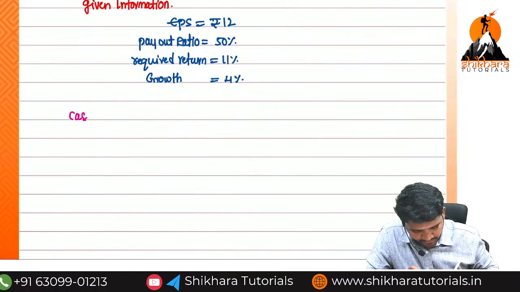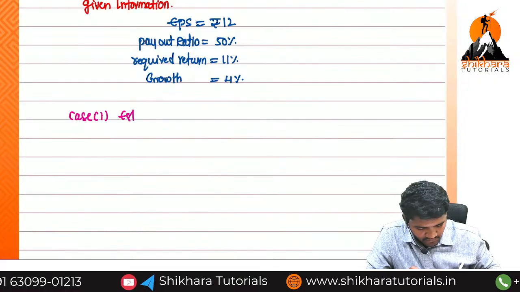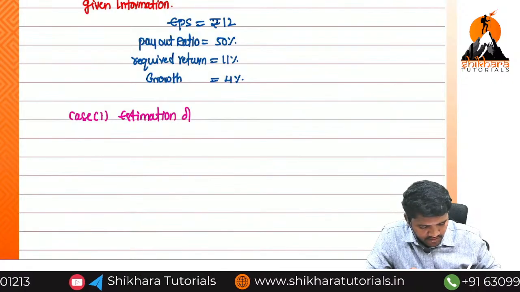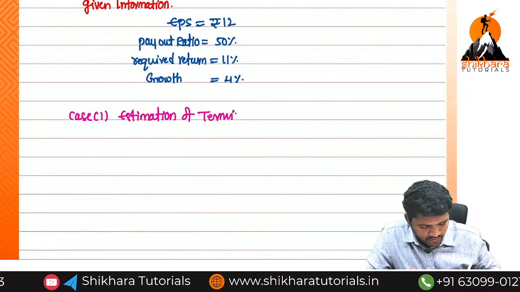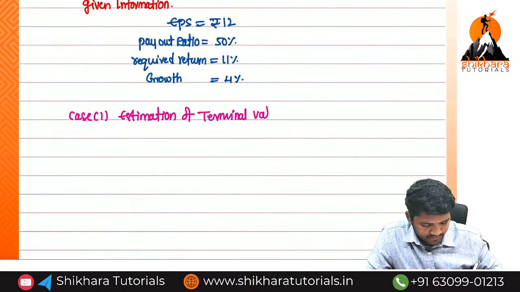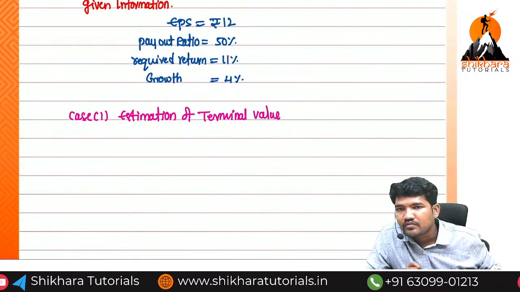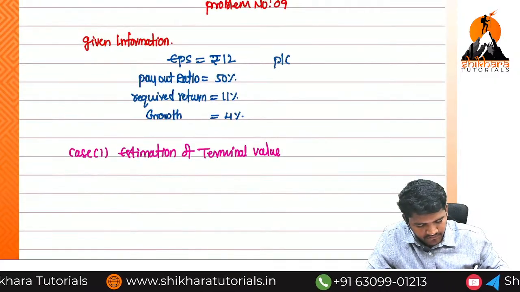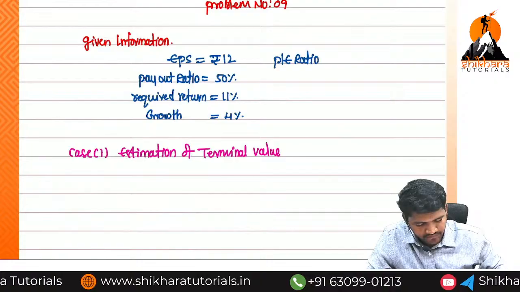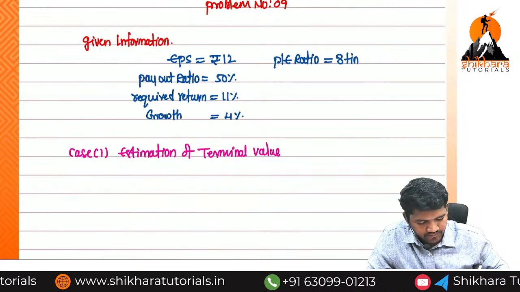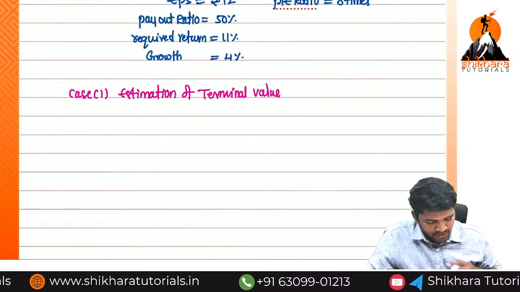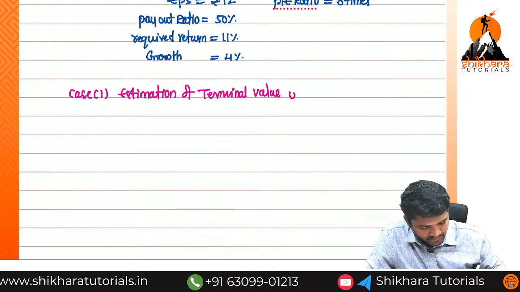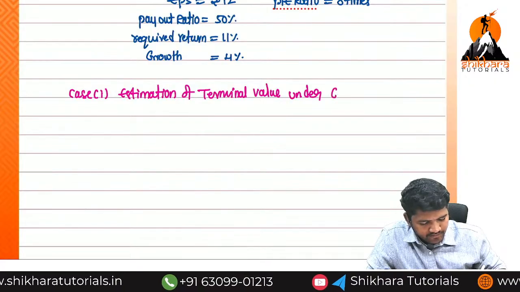Case 1: Estimation of terminal value. Oh, PE ratio is also there. PE ratio, please, 8 times. Estimation of terminal value under Gordon's growth model.